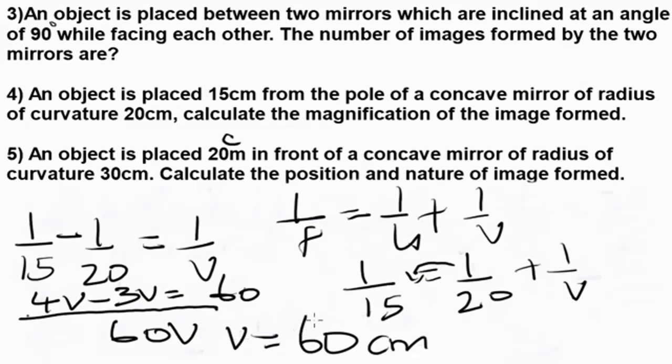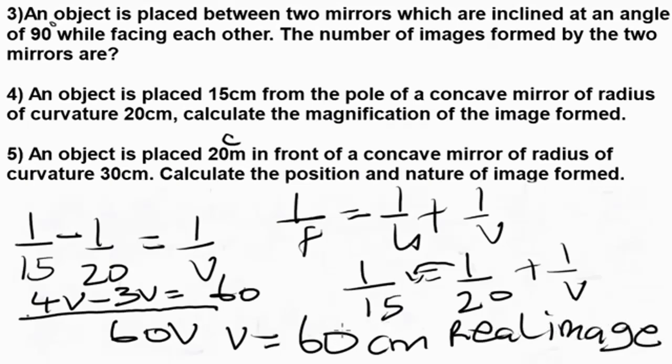Alright, so this shows us that we have to calculate the position and nature of the image formed. So this is the position of the image, 60 cm. Alright, so the nature of this image, this is a real image. That's the nature.